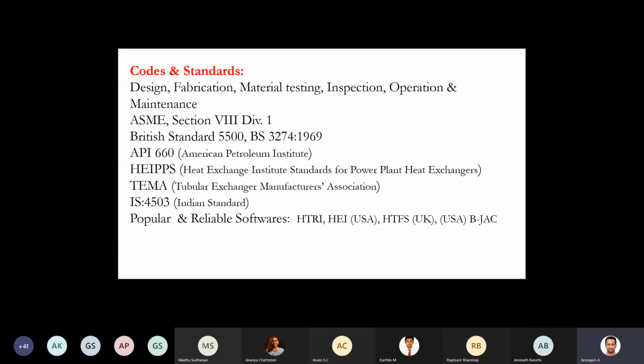Then British Standard 5500, normally BS 3274, 1969, that is the year. This is the code mainly used for heat exchangers. This ASME Section 8 Division 1 clearly discusses heat exchanger design, those things.